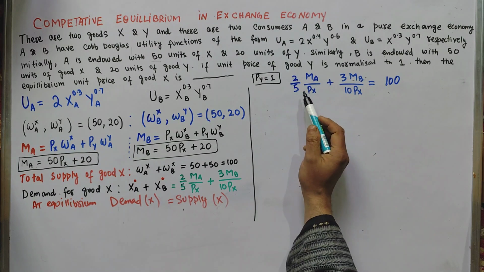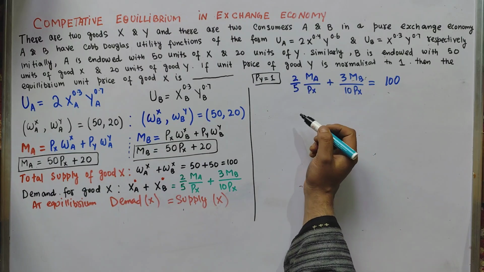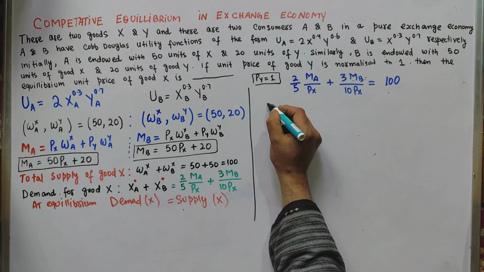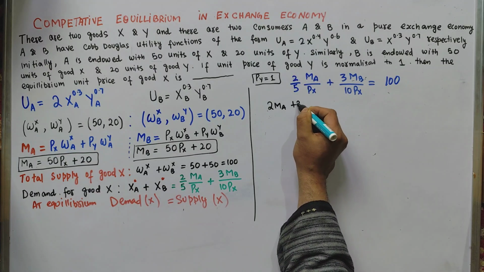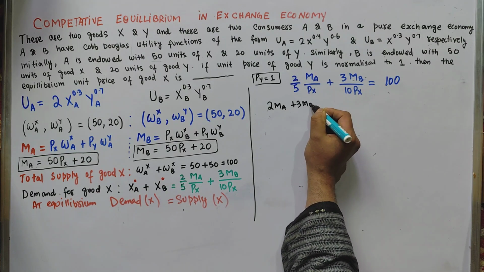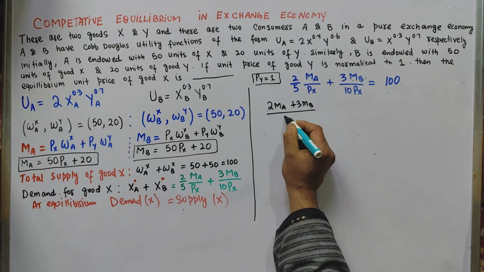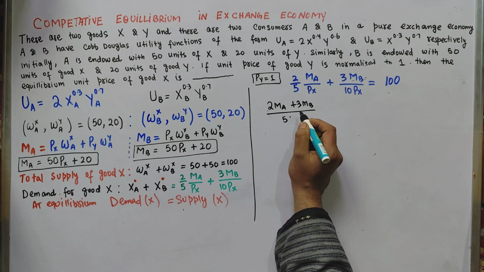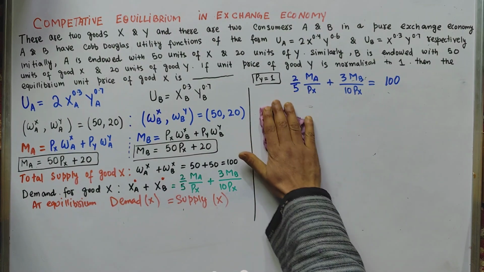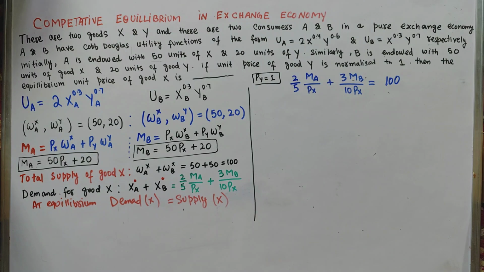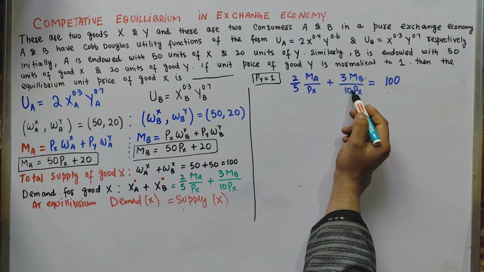Here again we have the same denominator, we can add up the numerator. So we have twice Ma plus 3Mb divided by 5. We don't have the same denominator here, sorry. So first let's make the denominator the same.